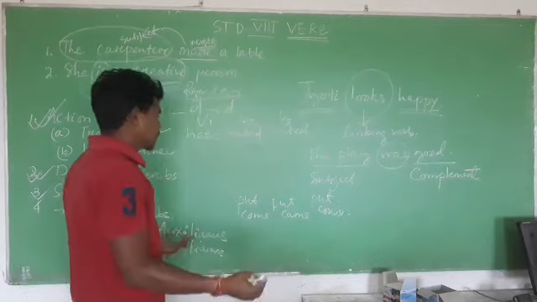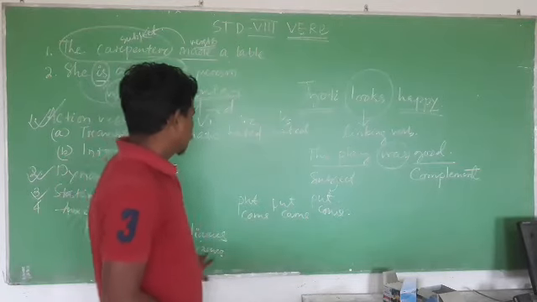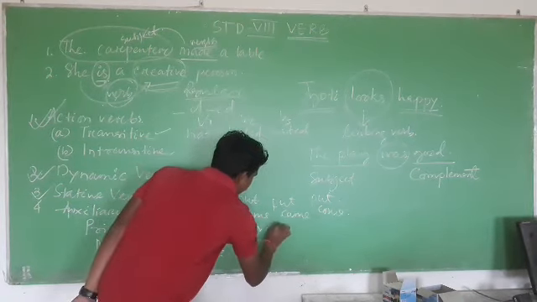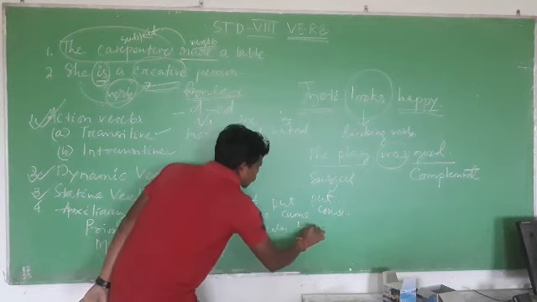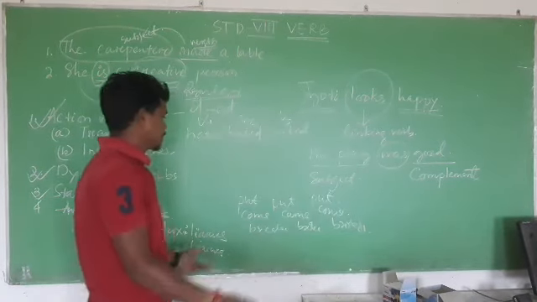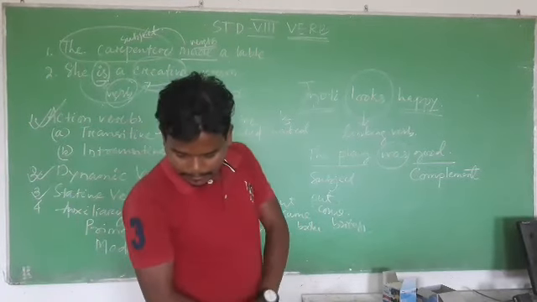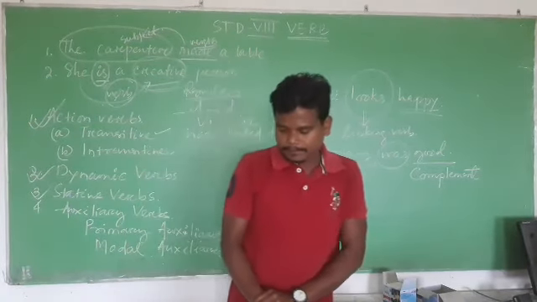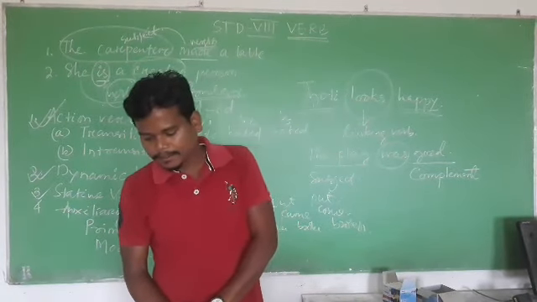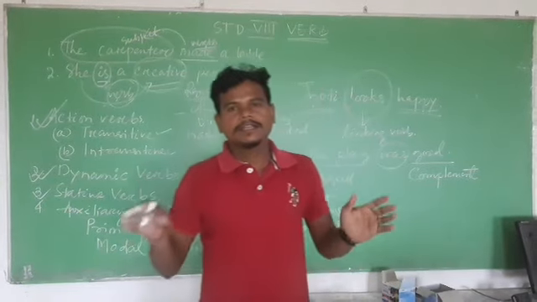Okay, irregular. No d, no ed. Then you can say break, broke, broken. Then swim, swam, swum. Run, cut. So these are all irregular.